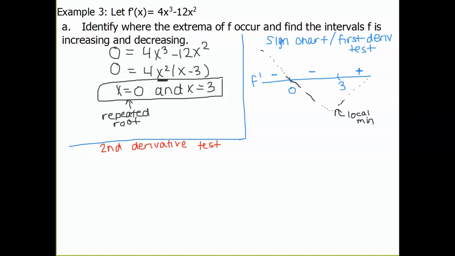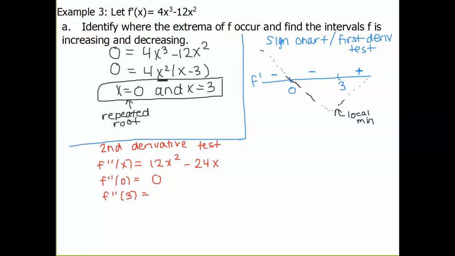So in order to really understand increase and decrease with that second derivative test, you have to understand how you get a max or a min. So the second derivative test would say, okay, here's f double prime of x. What's happening at 0? What's happening at 3? So 3 squared is 9. 9 times 12 is 108.